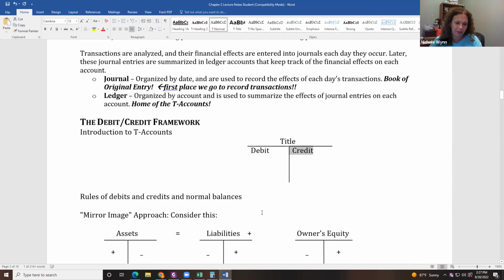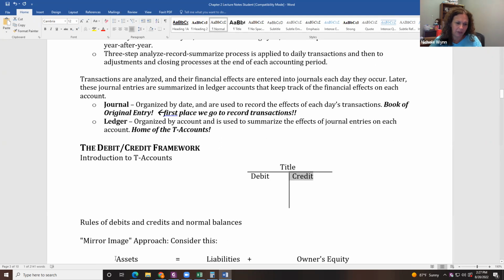So this, before I scroll, is the accounting equation. You guys all see it at the bottom of your screen, or you see it in your notes. So assets equals liabilities plus owner's equity. And that's the accounting equation. So if we're trying to memorize and understand the rules of debits and credits, if we know what happens to assets, then on the opposite side of this equation, it should be opposite.